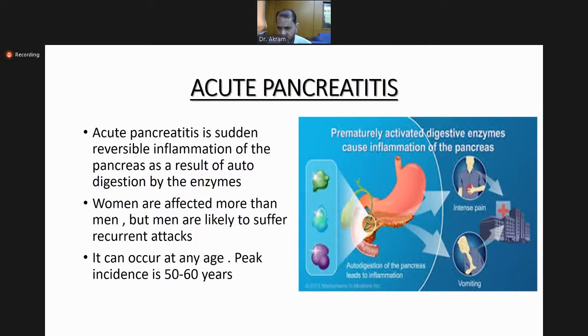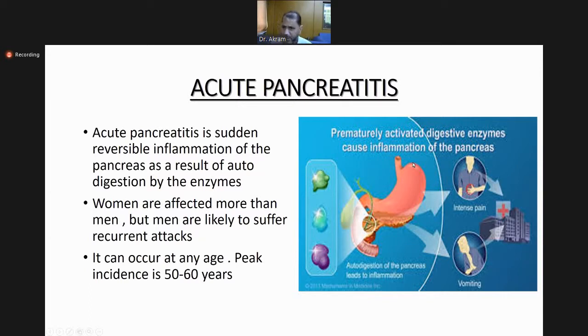The patient is associated with nausea and vomiting, which is irritating. The patient feels more nauseated. And if it is severe, then the patient may develop fever, tachycardia, tachypnea, and the pain becomes worse on movement.